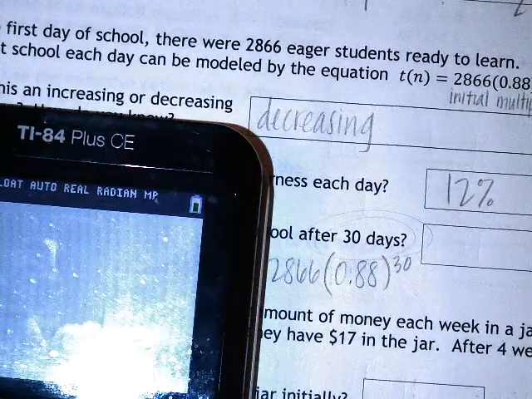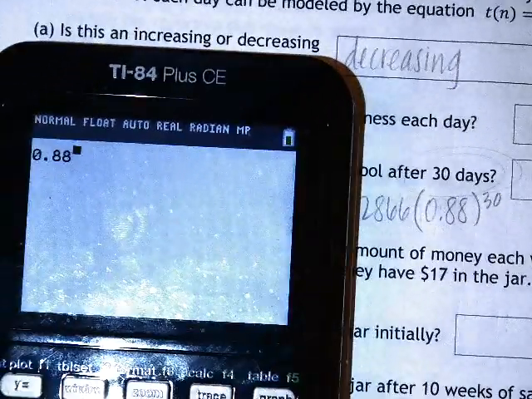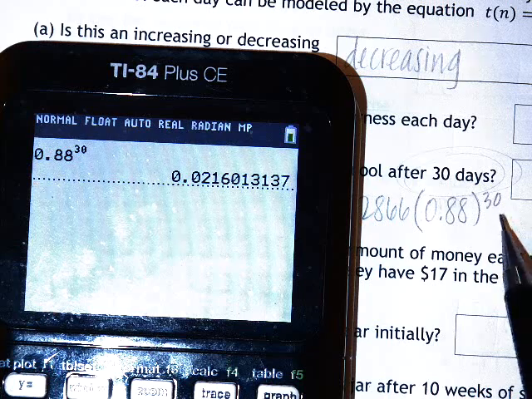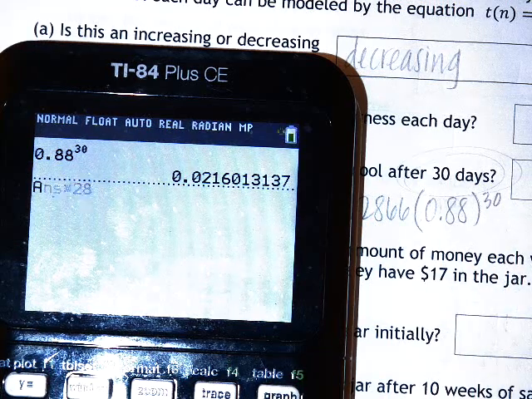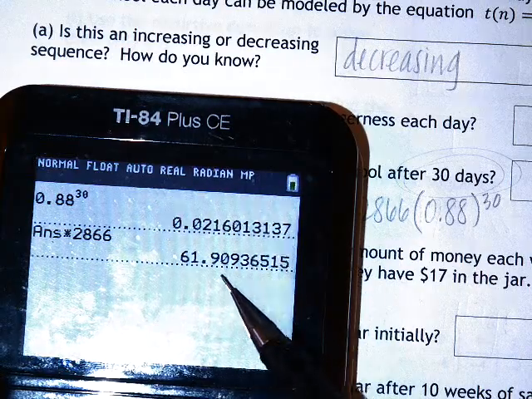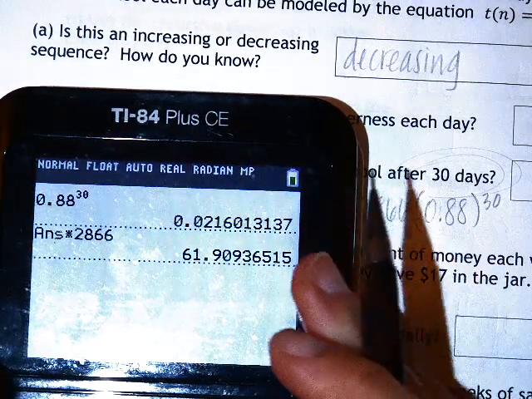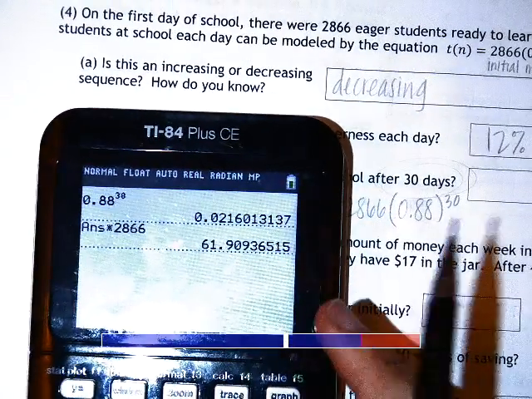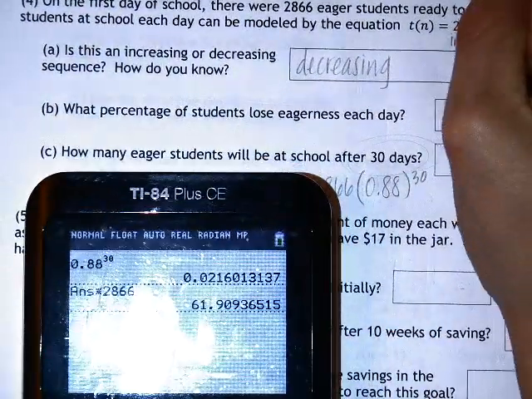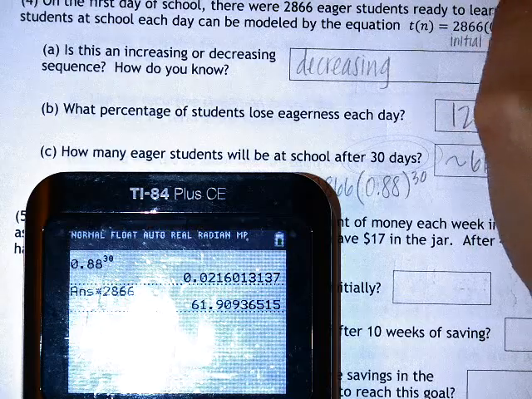We can do 0.88 to the power of 30, because remember PEMDAS says exponent first. Then we multiply by 2866, and that gives us 61.909. But remember, we're talking about a number of students, so having 0.9 of a student doesn't really make sense in this context. We would say we have approximately 61 students.